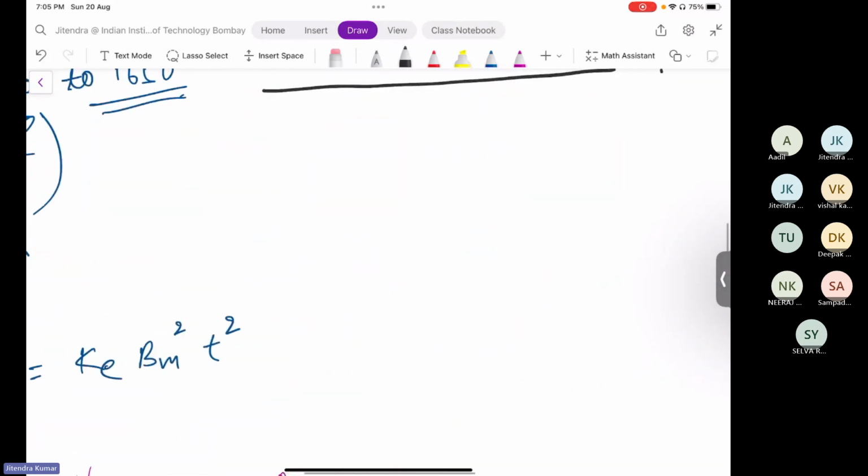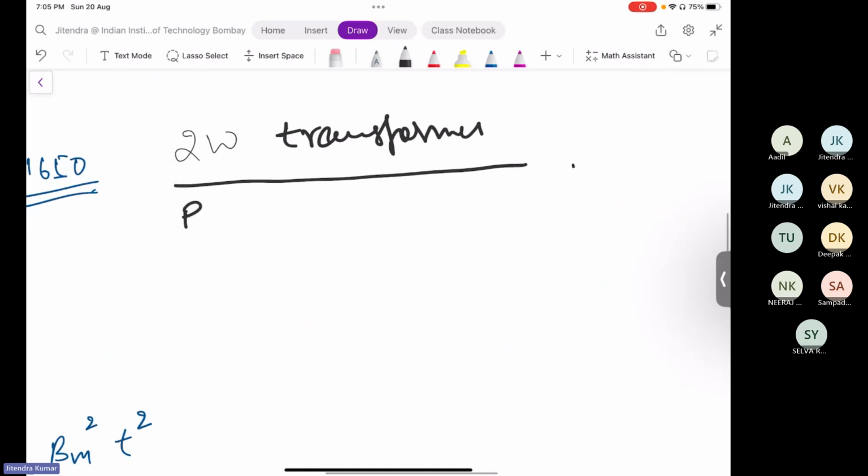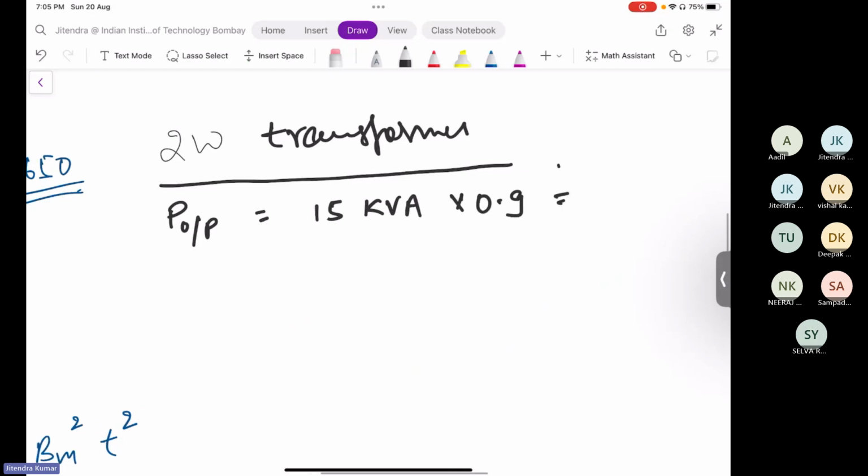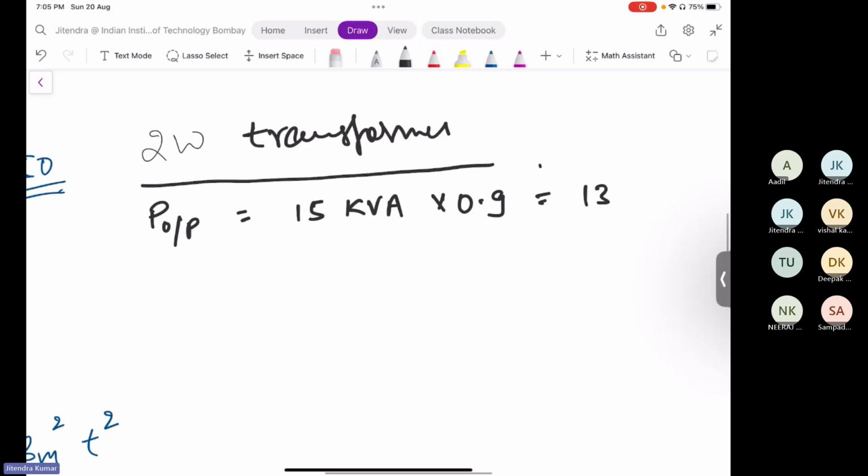Okay, so output power is 15 kVA into 0.9, and that will be 13.5 kilowatt of output power. And the efficiency is 96%.